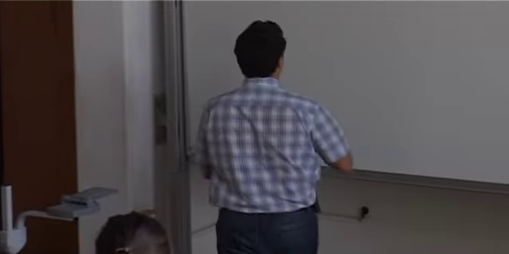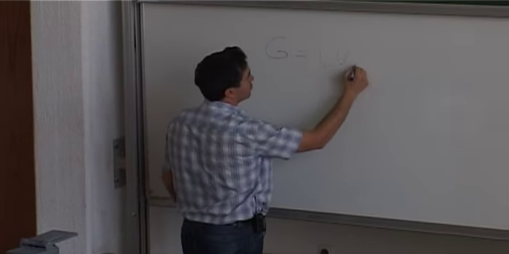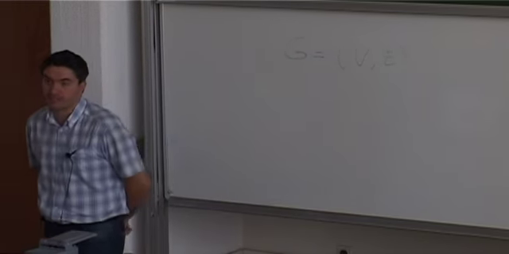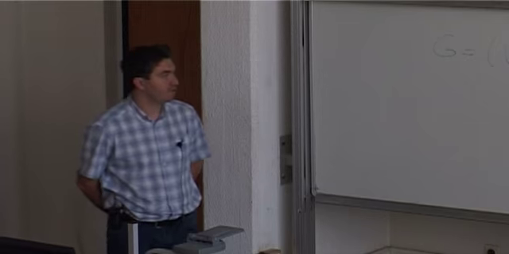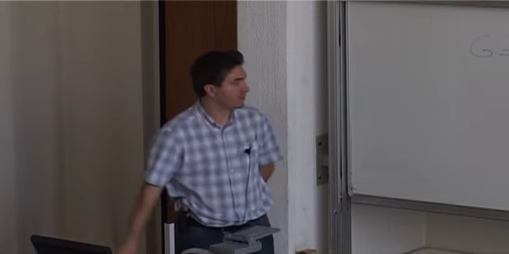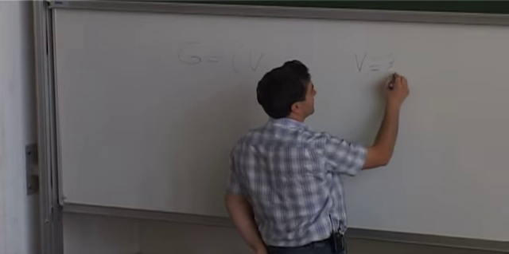A graph is a tuple of a set of vertices and a set of edges. A vertex has a unique label that you can identify, so these are sets. Here, for example, this one is a graph.